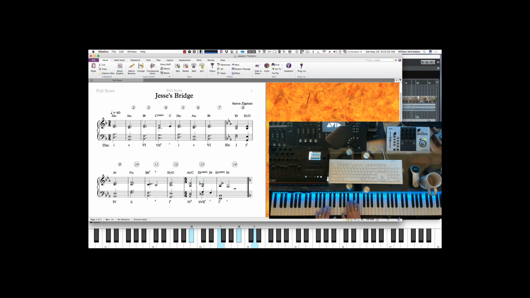And then we're back to the E flat. The E flat over G, then the A flat over C. And then a D sus to a D, and then an E sus or 4th to E flat.